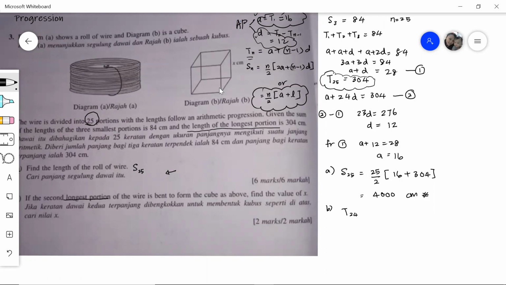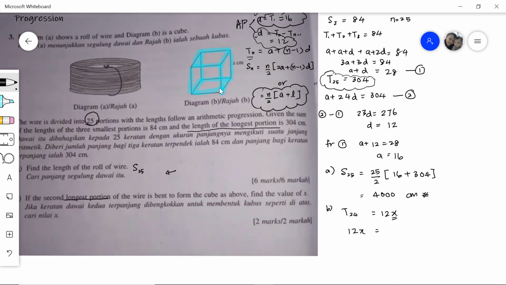So let's see how many sides there are. Let's count: 1, 2, 3, 4, 5, 6, 7, 8, 9, 10, 11, 12. We have 12x. That means the 24th term is equivalent to 12x.